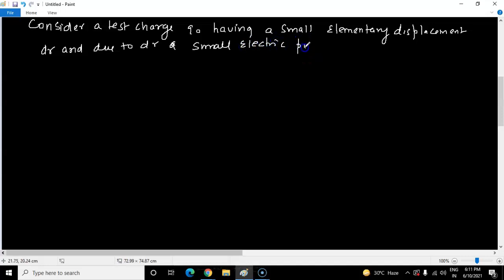Okay. Yes, sir. So we know that dV is equal to what? Correct. dV is equal to work by charge, right? Minus W by Q naught, right? Yes, sir. W is equal to what?